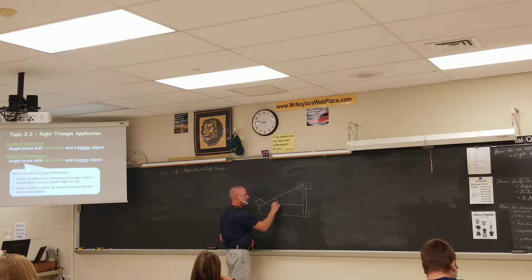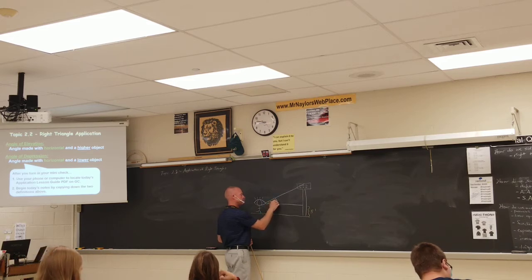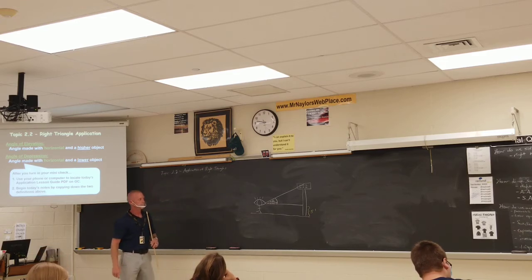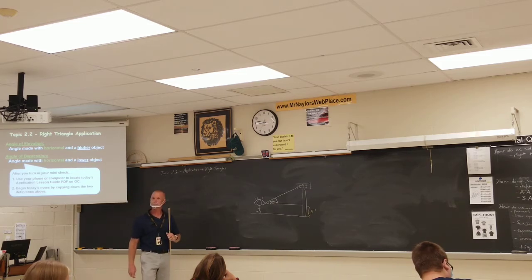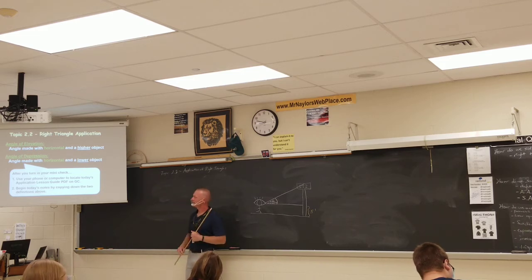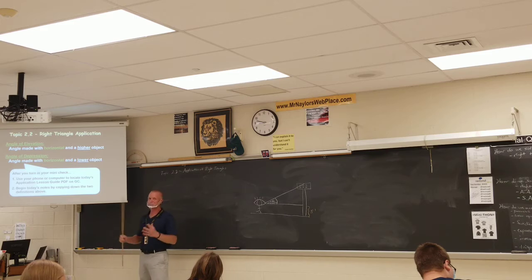This would have been the angle of elevation. And that's usually pretty easy to see. Again, it's made with the horizontal and a higher object. It's the angle that is measured from the ground, although we don't really say that in the definition, but that's really what it means.